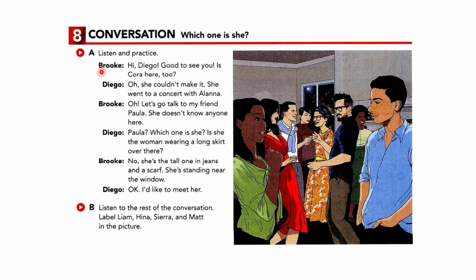Paula, which one is she? Is she the woman wearing a long skirt over there? No, she's the tall one in jeans and a jacket. She's standing near the window. Oh, I'd like to meet her.